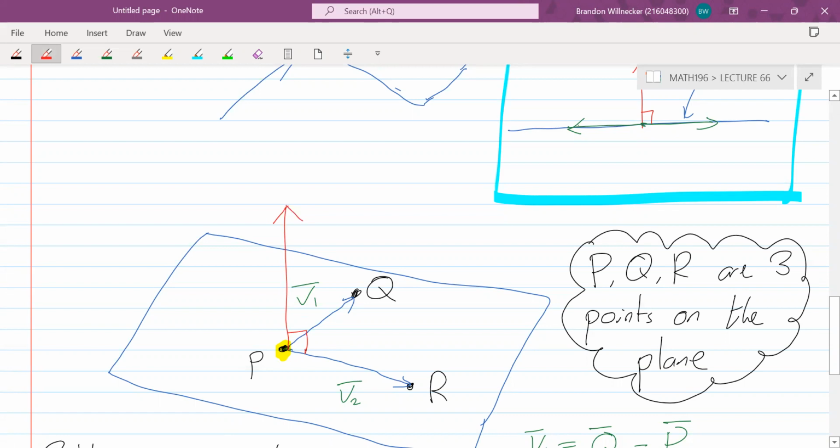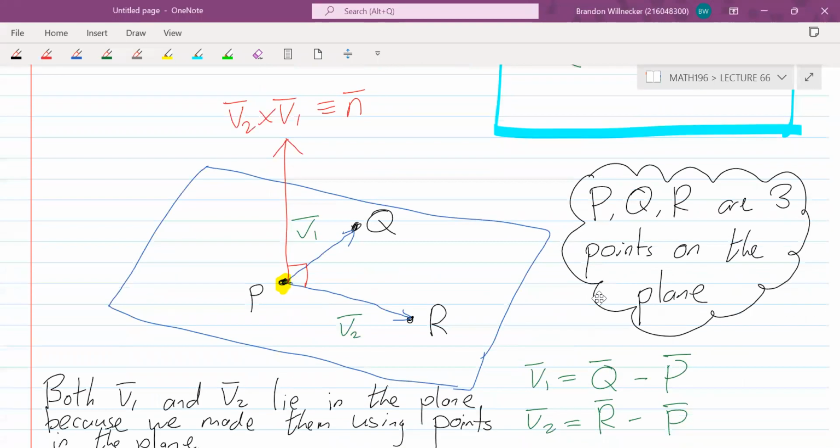So this is going to be V2 cross V1, and we call that the normal vector n. Because it's perpendicular to the plane, that's exactly what we want the normal vector to do. So V2 cross V1 gives us the normal vector pointing that way.